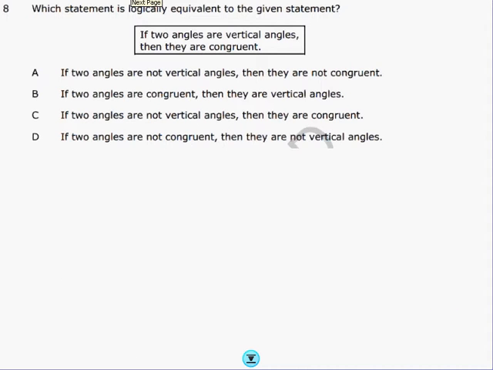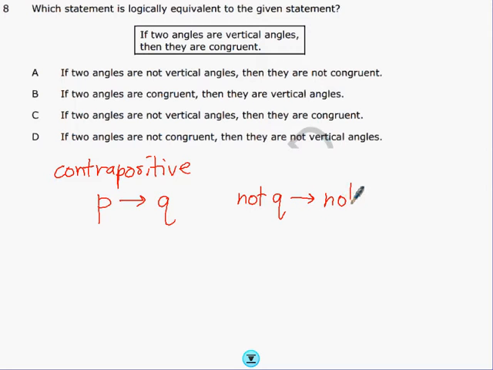Okay, number 8, which statement is logically equivalent? I wasn't around. I hope you covered conditional statements and their converses and their inverses and their contrapositives. Hopefully you remember that the contrapositive is logically equivalent to the conditional statement. If your original conditional statement is P implies Q, then the contrapositive is not Q implies not P. So if two angles are vertical angles, then they are congruent.